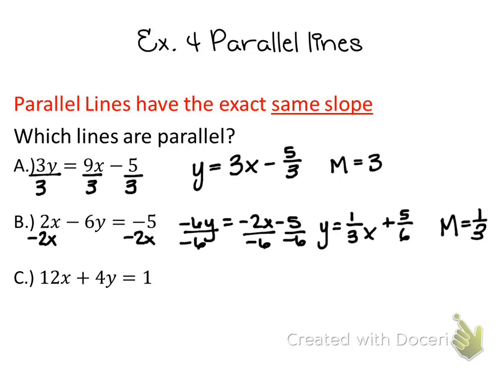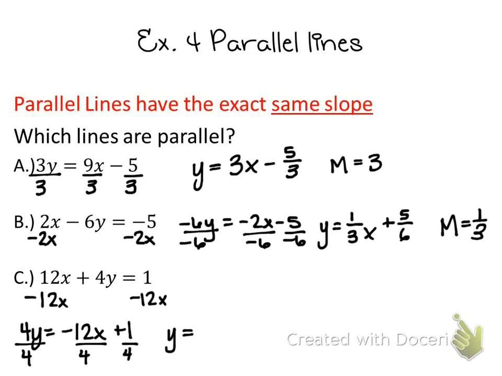So let's keep going to see if the third one is going to be parallel with either one of these. I subtract 12x first, and I get 4y is equal to negative 12x plus 1. Then I divide by 4 on everything, and I get y is equal to negative 3x plus 1/4. What is the slope of this equation?